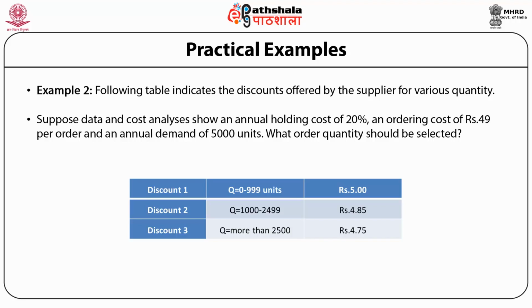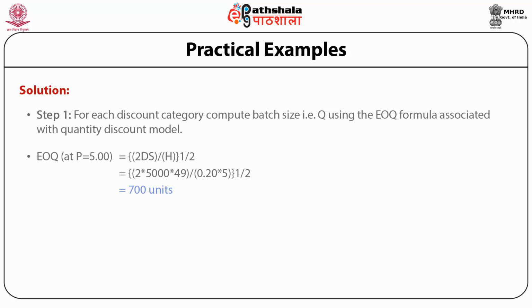Discount 1: Q equals 0 to 999 units, rupees 5. Discount 2: Q equals 1000 to 2499, rupees 4.85. Discount 3: Q equal to more than 2500, rupees 4.75. Solution. Step 1.